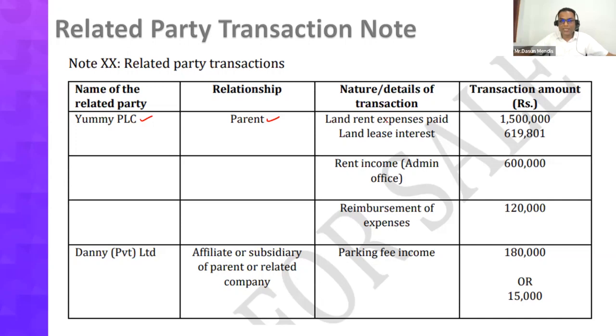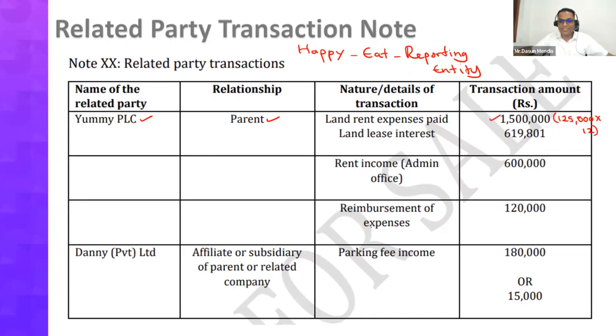Happy Eat is the reporting entity here, so all this information is disclosed from the perspective of Happy Eat. Yummy has given the land on a 30-year rent to Happy Eat. And what is the monthly rental? 125,000 into 12. So this is the land rental amount paid, 1.5.